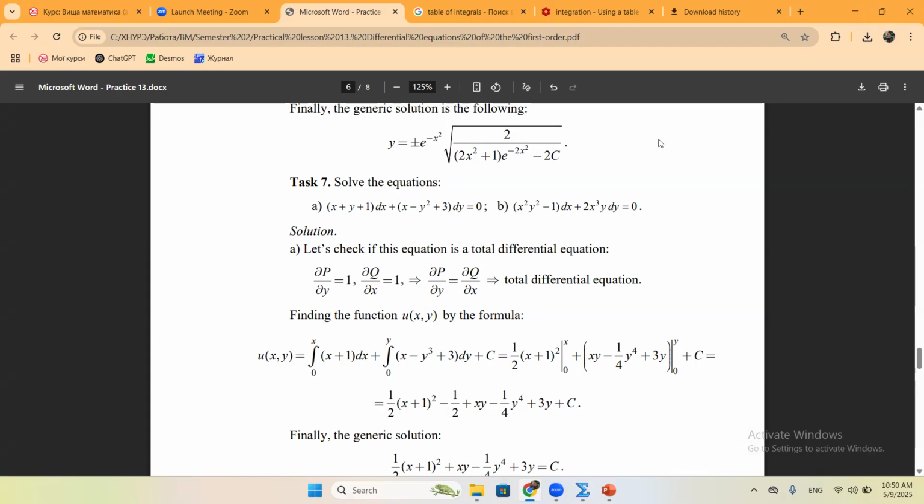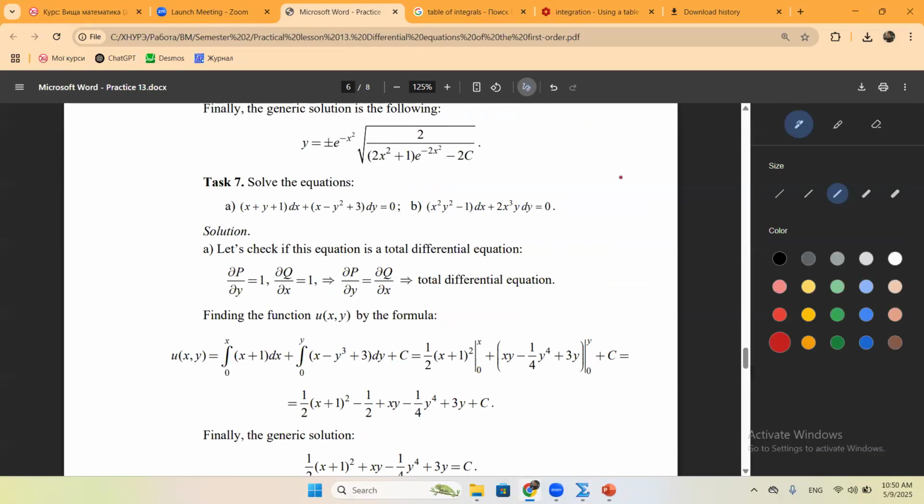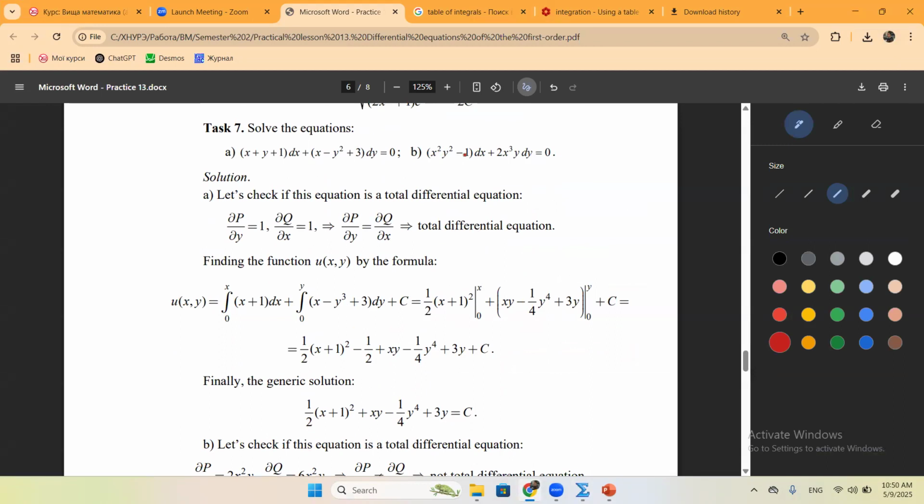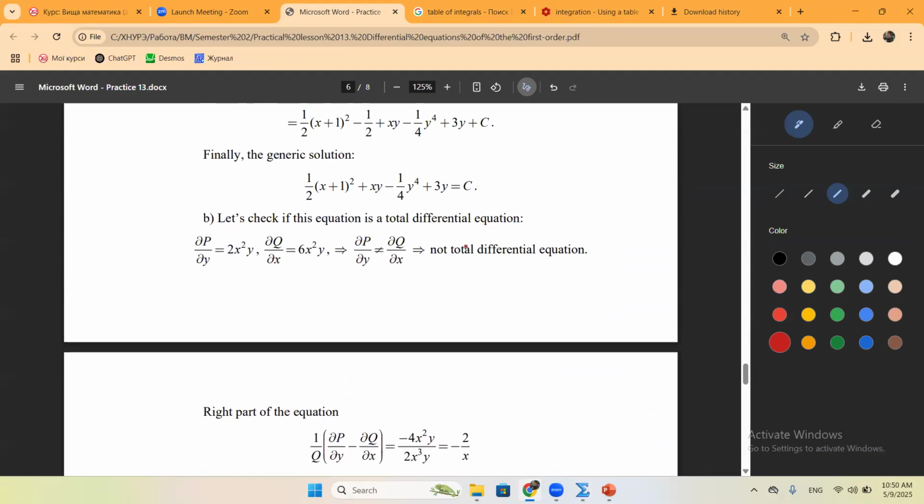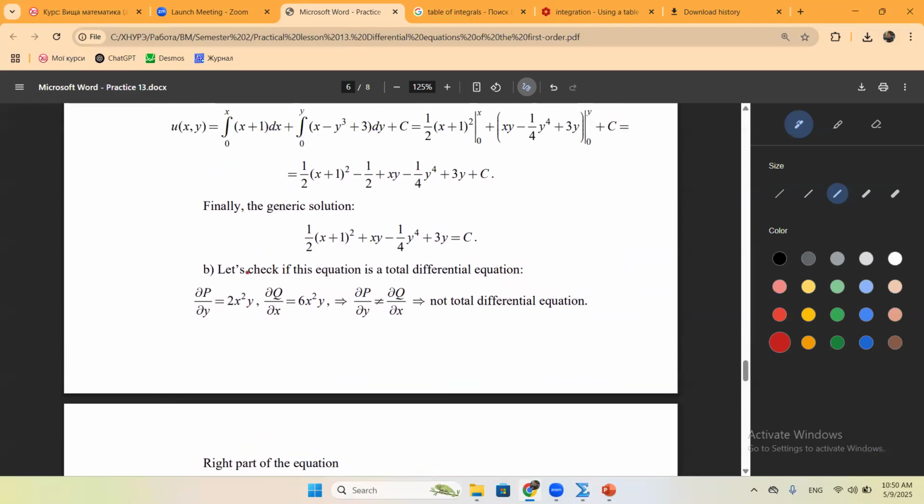First of all, differentiating this expression by y, we will receive 2x squared y, and if we differentiate this expression by x, we will receive 6x squared y. So dP by dy doesn't equal dQ by dx. So this is not a total differential equation.